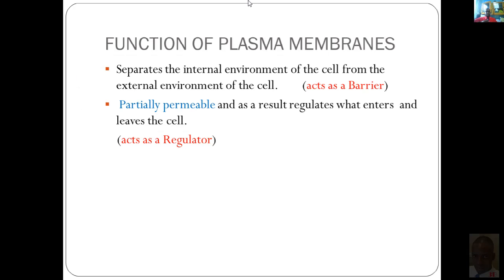It also is a partially permeable membrane, and as a result it regulates what enters and what leaves the cell. So therefore it acts as a regulator. Good, so we have two main functions. One, it acts as a barrier, two, it acts as a regulator. Alright.